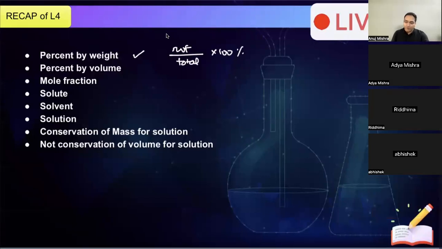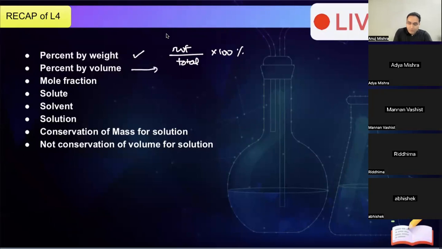It is used if you have, let's say, two things and you have mixed them. The second thing we discussed was percentage by volume. It is volume of one particular liquid upon total volume multiplied by 100%. The third thing is mole fraction, defined as moles of one upon total number of moles.